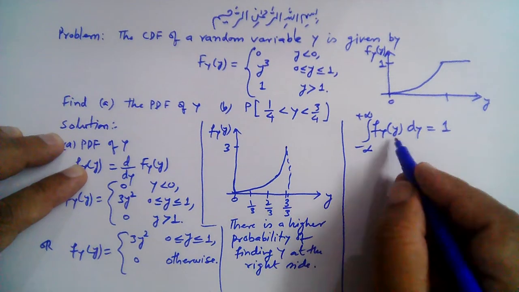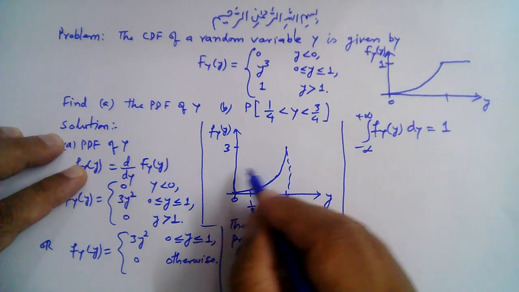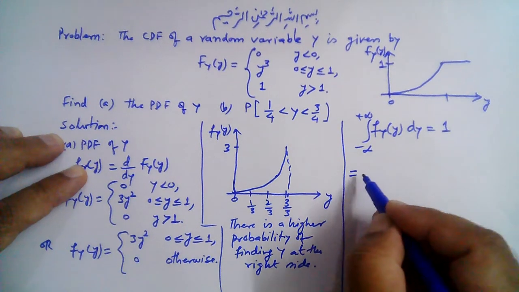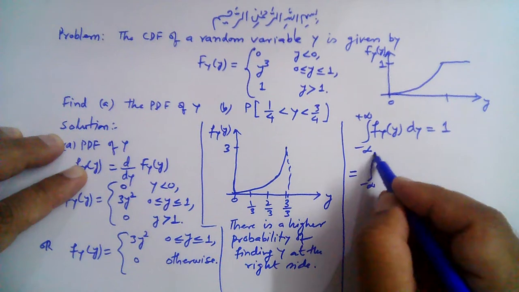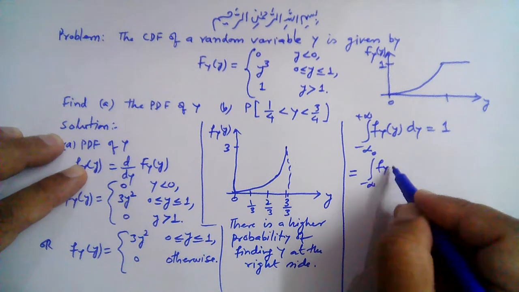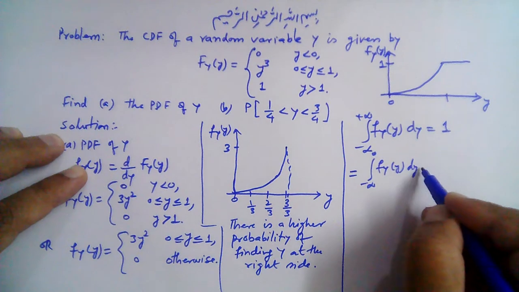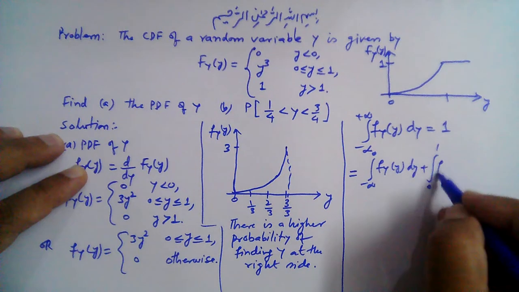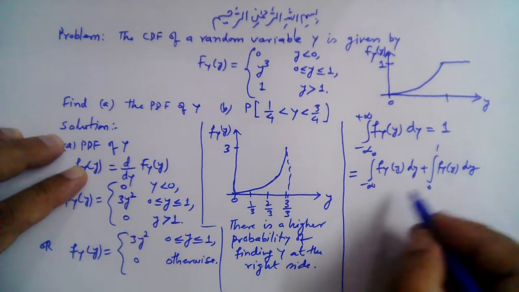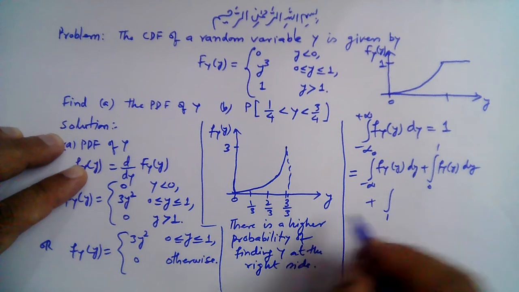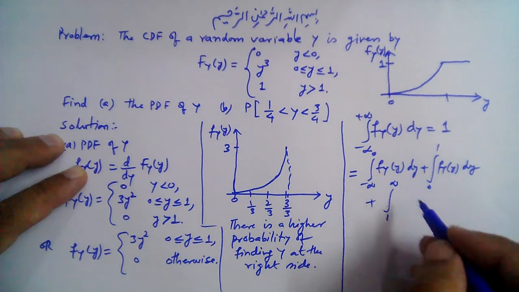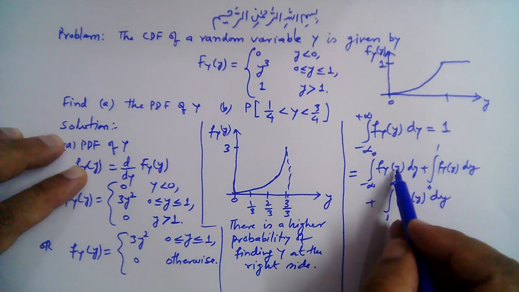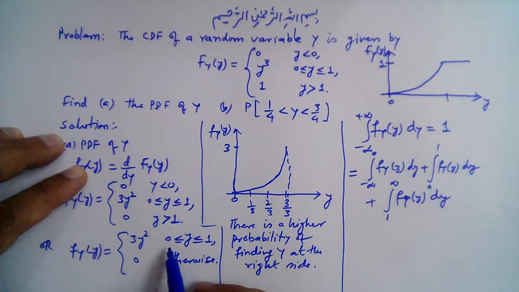We can break this integral up for this particular PDF: minus infinity to 0 of f_Y(y) dy, then 0 to 1 of f_Y(y) dy, and then from 1 to infinity of f_Y(y) dy. f_Y(y) is 0 for the interval from minus infinity to 0.